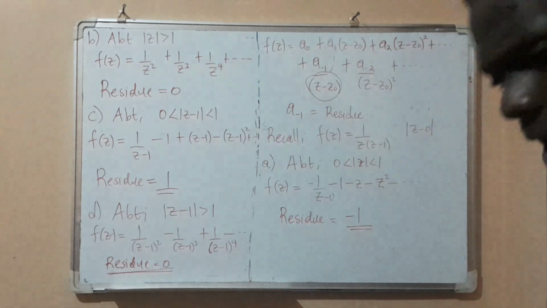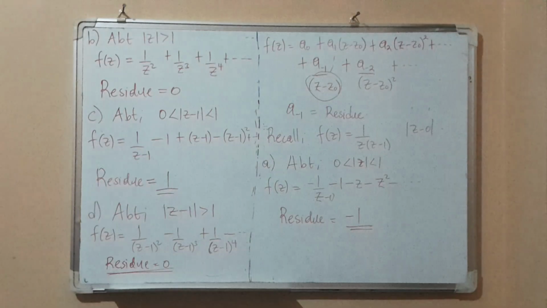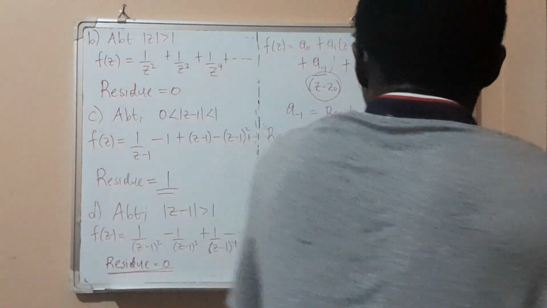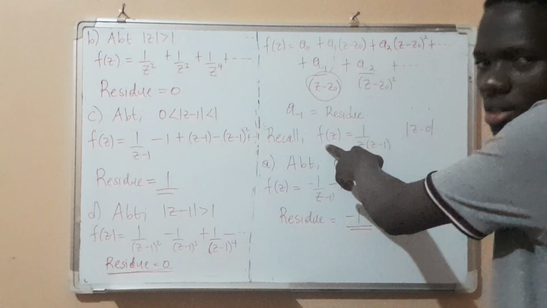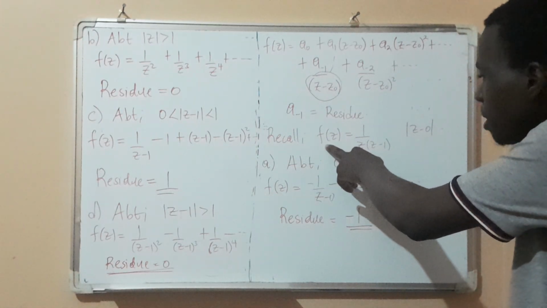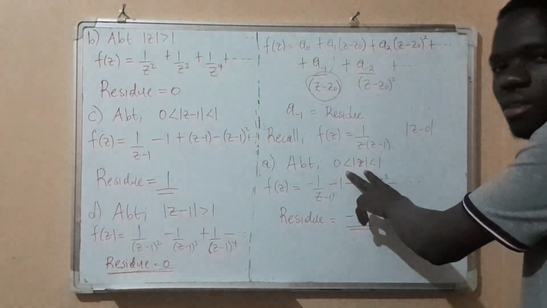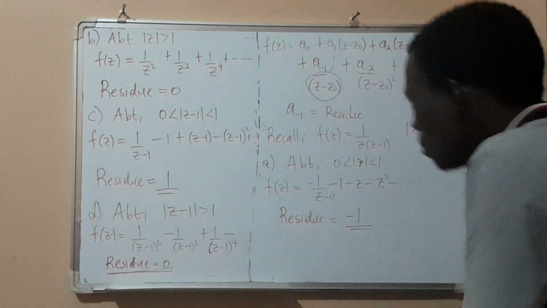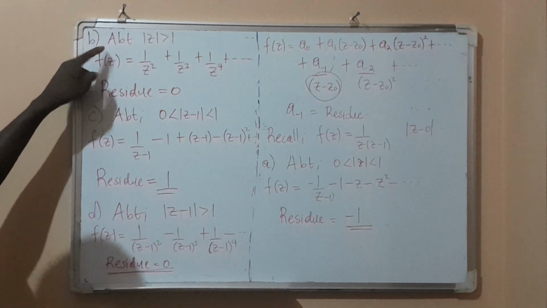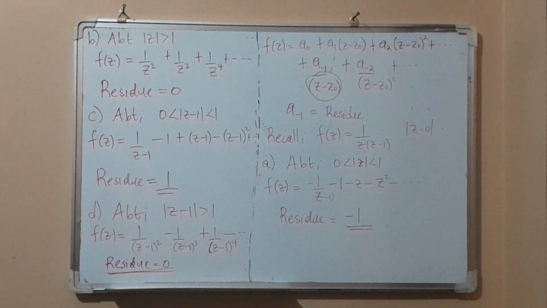So what have we done in this lesson? We have computed the residues of a function, this one, considering the Laurent series representation valid within this domain, also considering the Laurent series representation of f of z valid within this domain, and within that last domain.